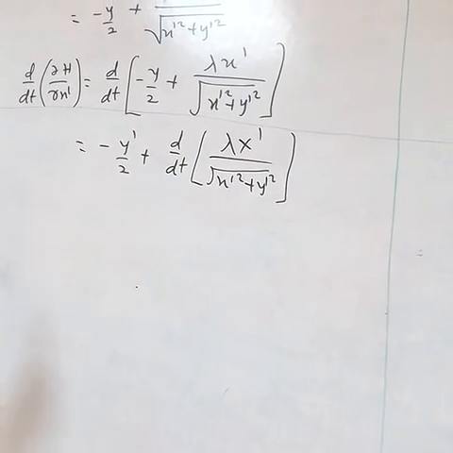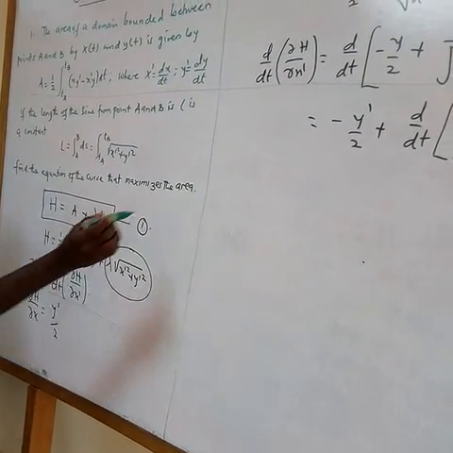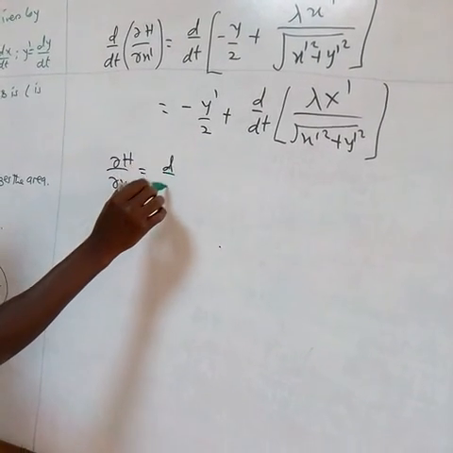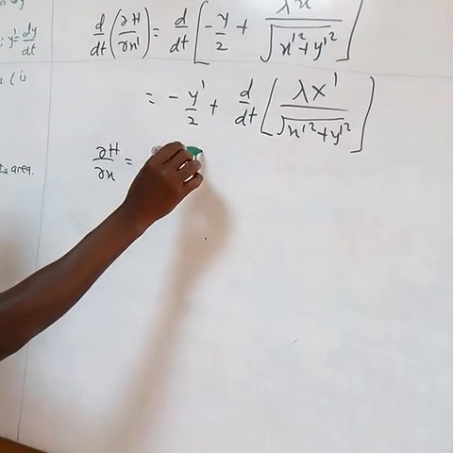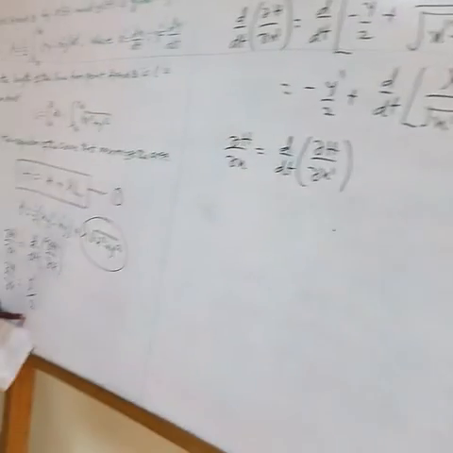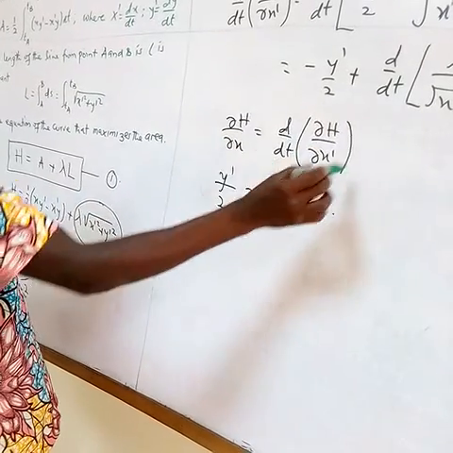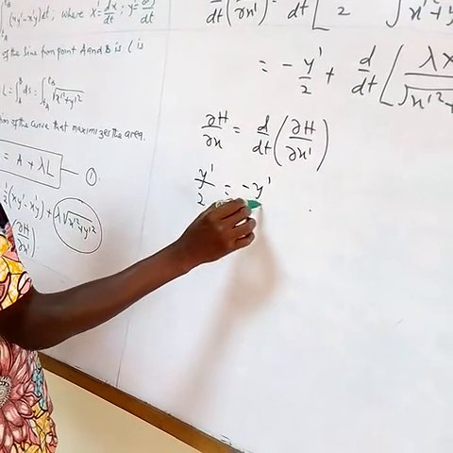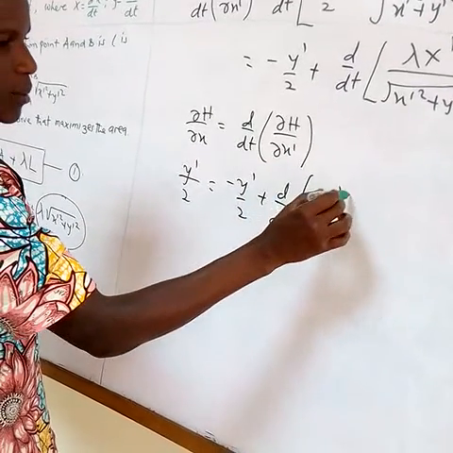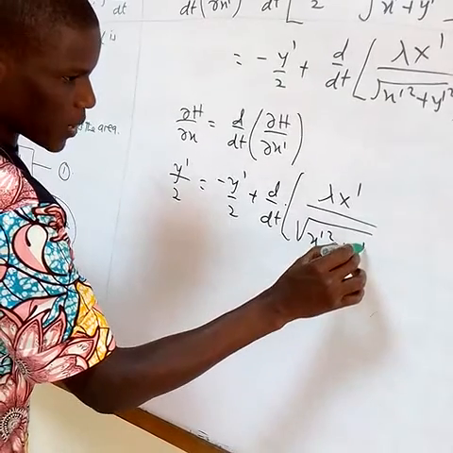So we have to return our solution into this equation, into the Lagrangian equation, that is partial of h partial of x is equal to d dt into partial of h partial of x prime. So what is this? This one is being represented by this, which is y prime over 2, is equal to, what is this entire expression? Minus y prime over 2 plus d dt into lambda x prime against square root of x prime squared plus y prime squared.